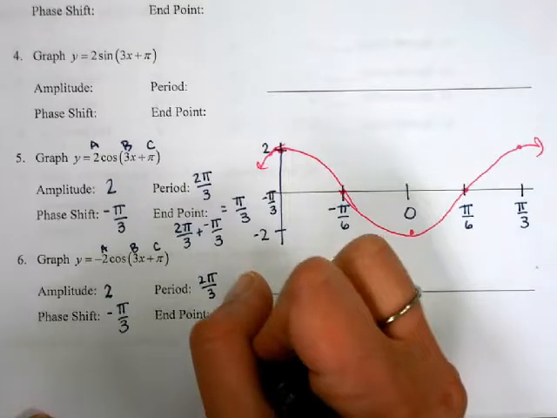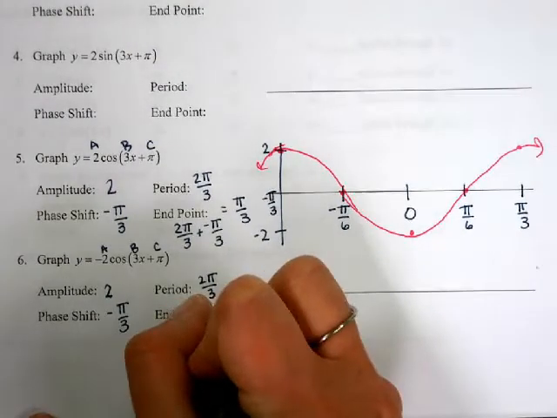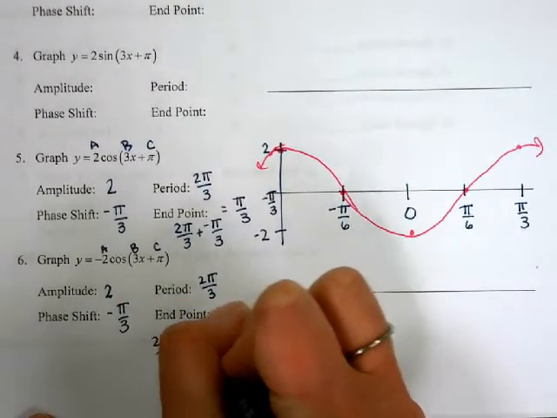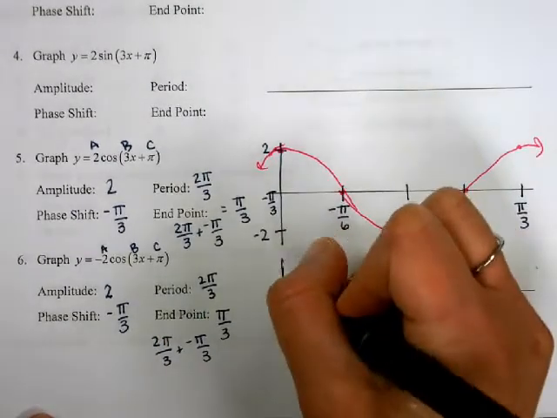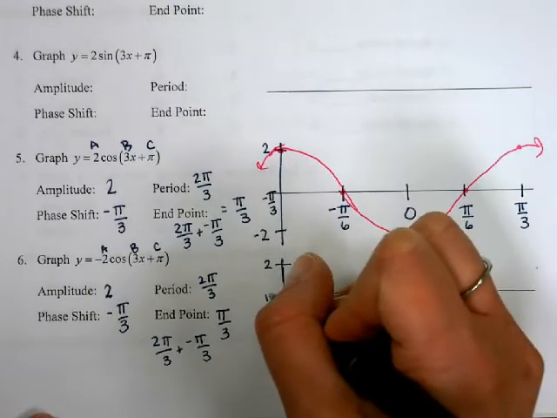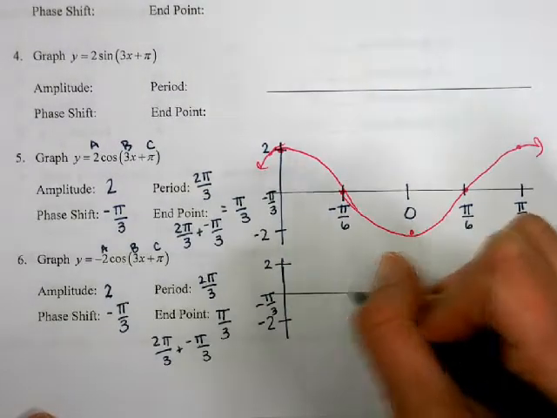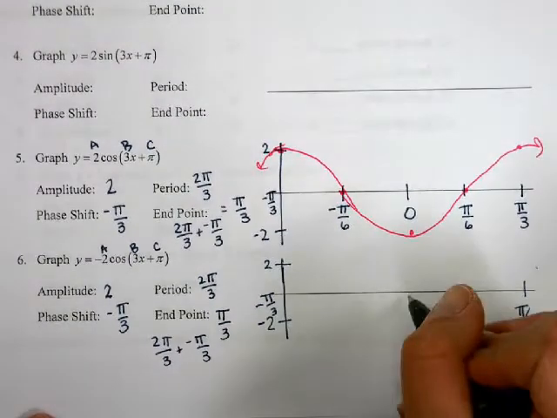This would then be pi over 3, just like the last one. Amplitude still 2. Negative pi over 3. Positive pi over 3. Halfway in the middle is 0.